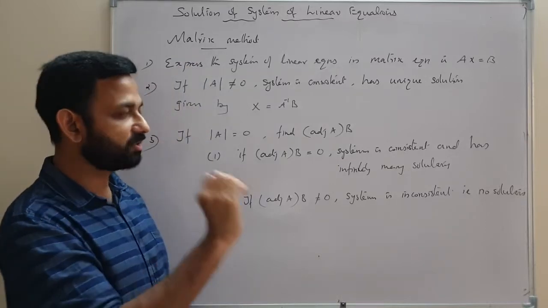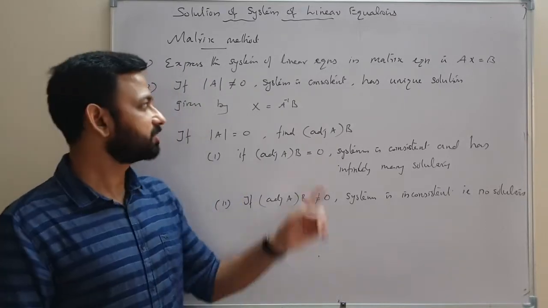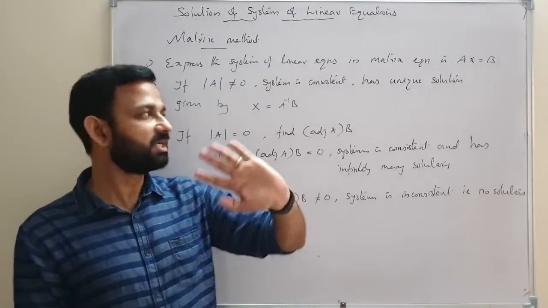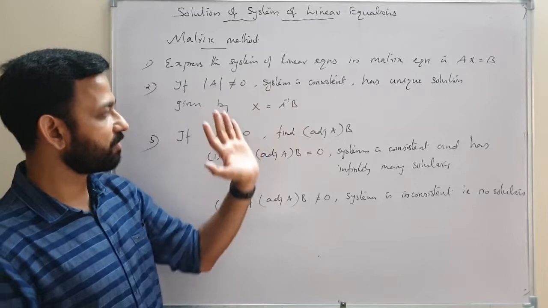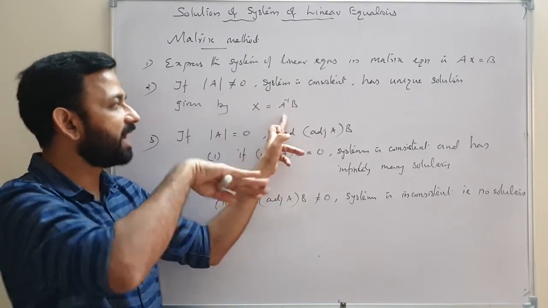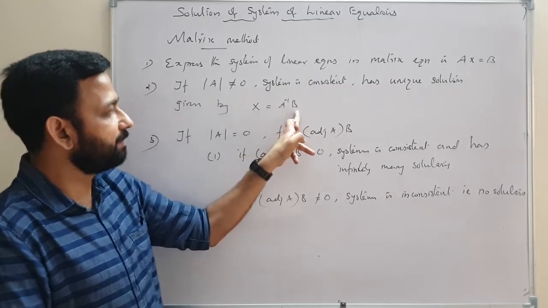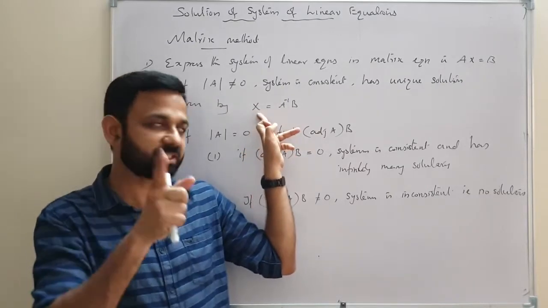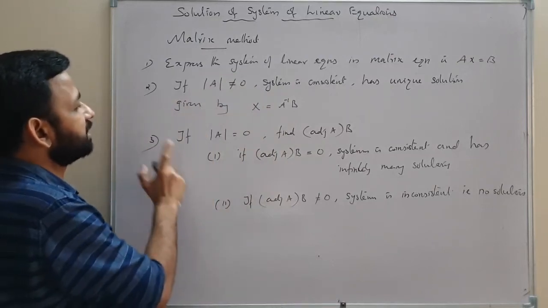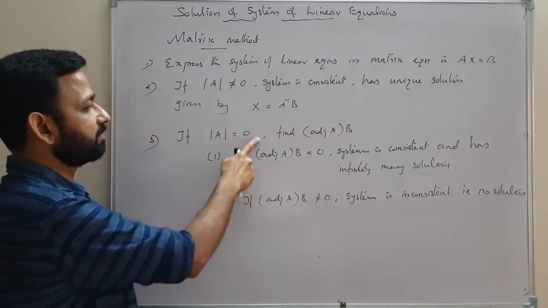A inverse is adjoint A divided by determinant A. So we will find adjoint A, that is the transpose of the cofactor matrix. Then that transpose of the cofactor matrix divided by determinant A is A inverse. Then we will find the product of A inverse and B. Then we will get the values of X, Y, Z. So that is that case. Then the third case, if determinant A equal to 0.